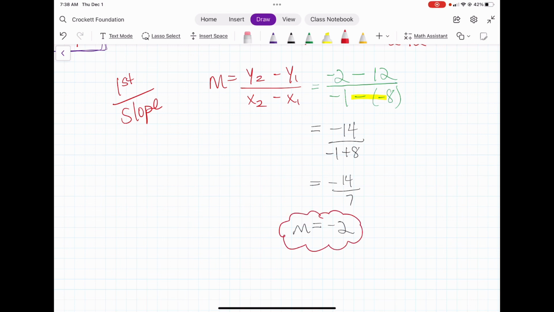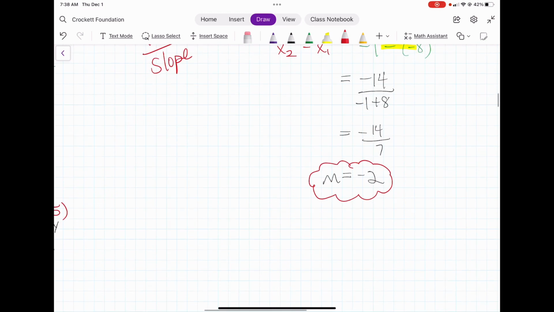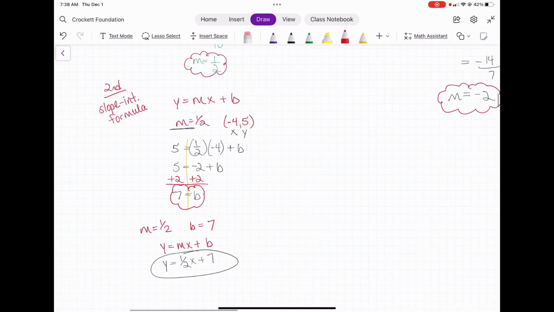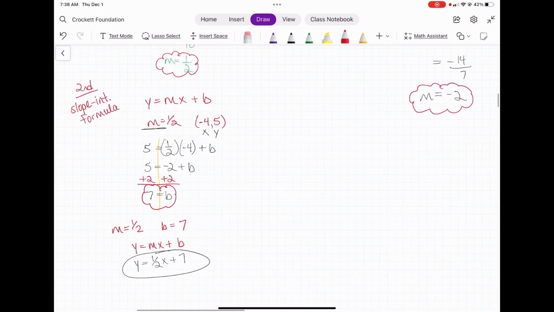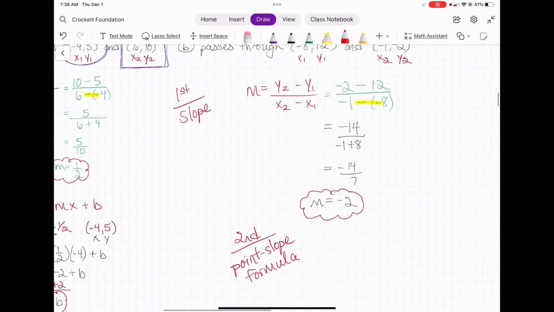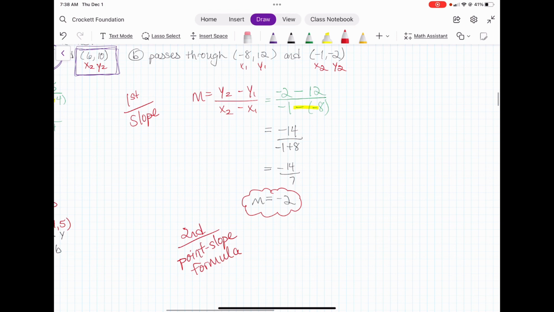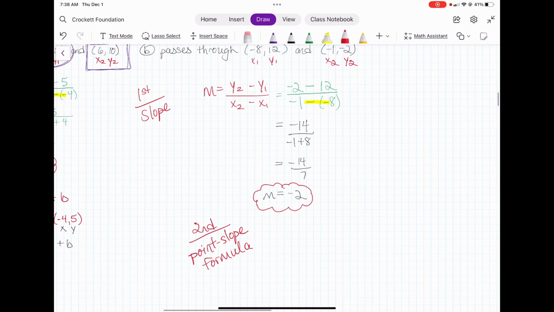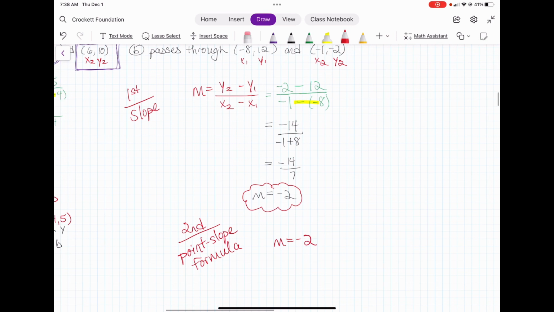Now, as I said before, when we go to this second step, like I did in the first problem, I used slope-intercept form. When I do the second step here, I'm going to use the point-slope formula, which is just another formula that you can use to also help you write the equation of a line. Once again, you always need the slope, and I need one of the points, any one of the points.